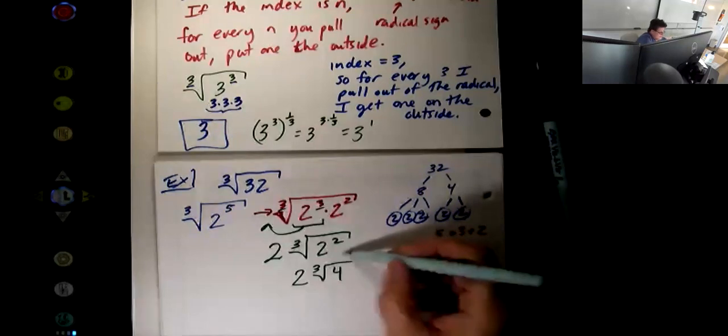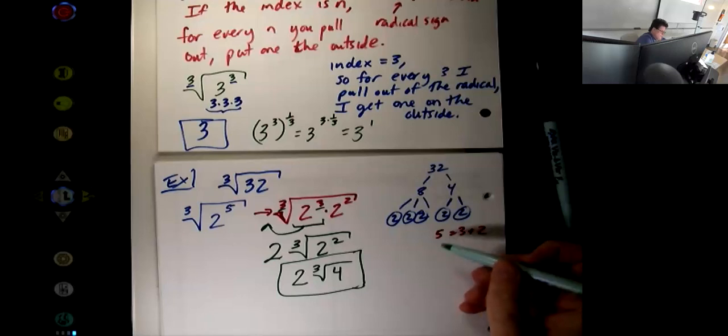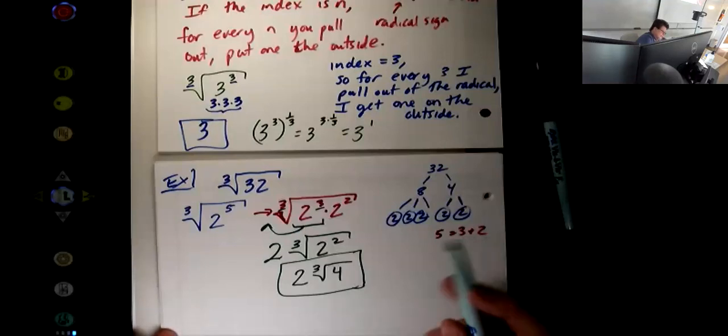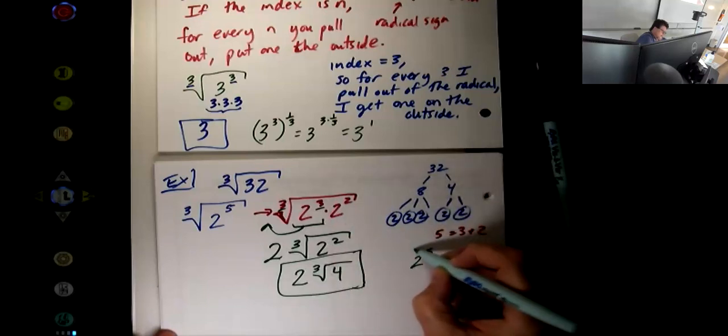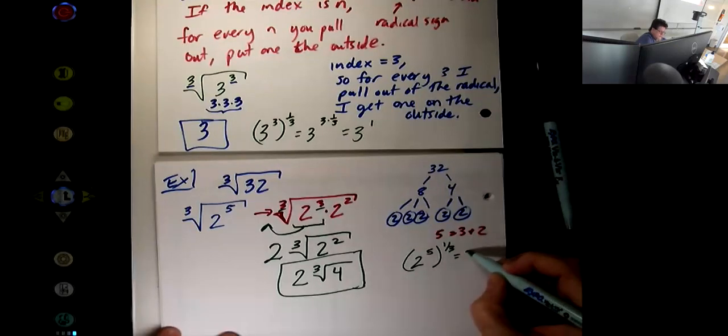That is the final answer. So if you like to switch it to exponents and you end up with a fractional answer, you should put it back into a radical. If you did this as an exponent, you would have had 2 to the 5th power to the 1/3, and this becomes 2 to the 5/3.